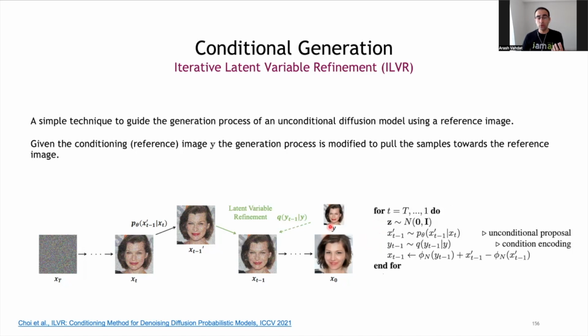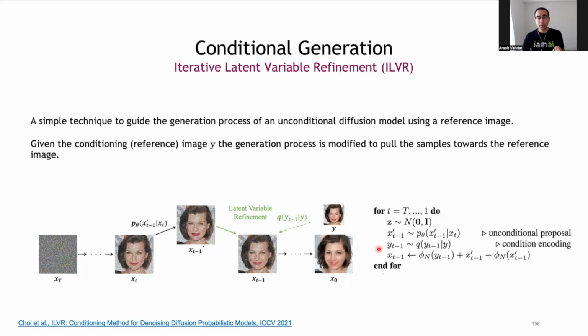So we're now going to use the forward diffusion kernel to generate the diffused version of the reference image. We're going to go forward in time for this reference image, and we're going to generate y t minus 1. So ideally, what we want to do is make this proposed denoised image x prime t minus 1 more similar to y t minus 1.